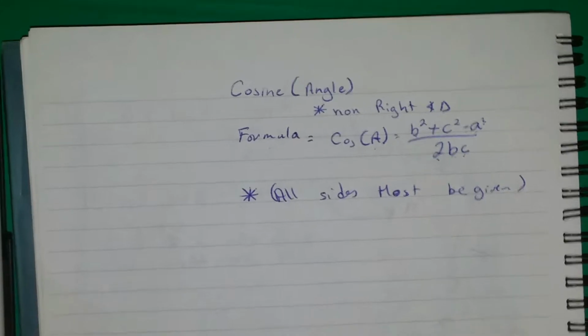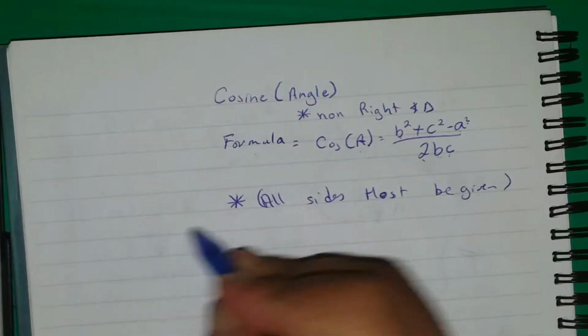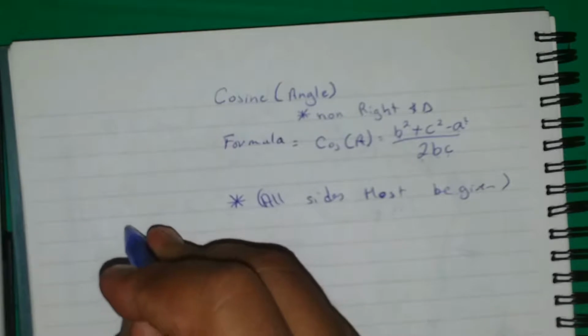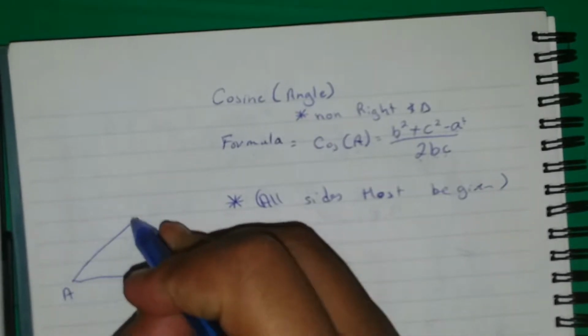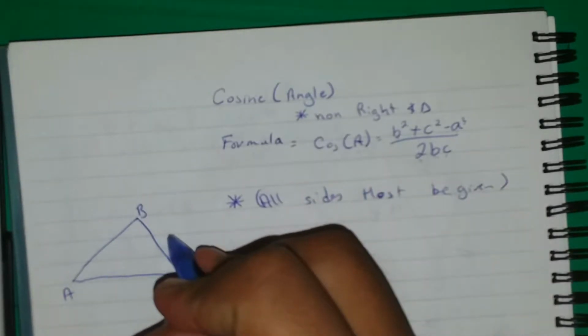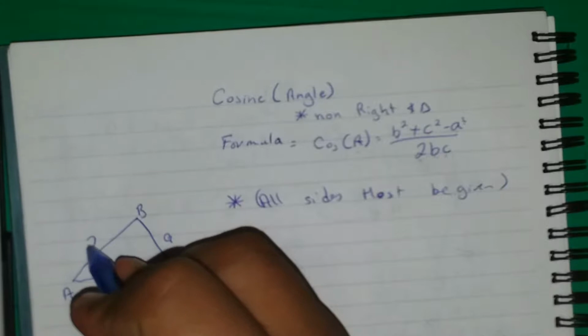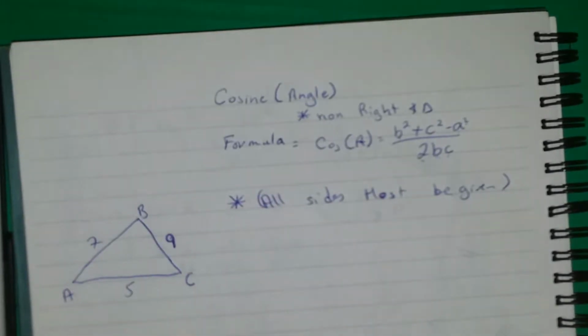Once you notice that the triangle has all its sides, then you are able to use cosine rule. Let's just quickly take a look at the triangle. In this triangle, notice A, B, C, and this is 9, 5 and 7.